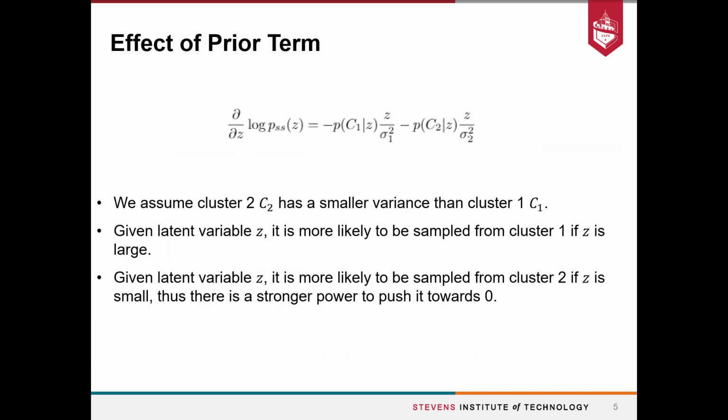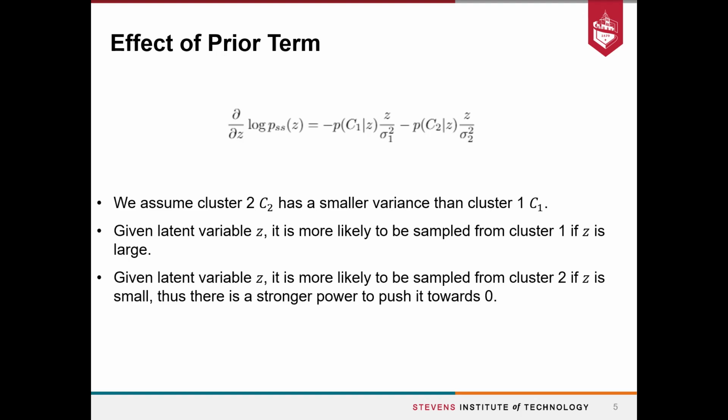The spike and slab prior can help us induce sparsity on the latent variables. When we update the latent variable using Langevin dynamics, the gradient of the log prior serves as a regularization term, and it will penalize the latent variable. Given a small sigma 2, it is clear to see from the equation that when z is large, it is more likely to be sampled from cluster 1.